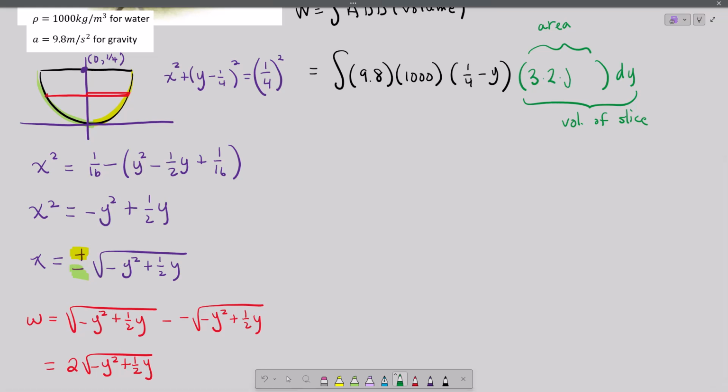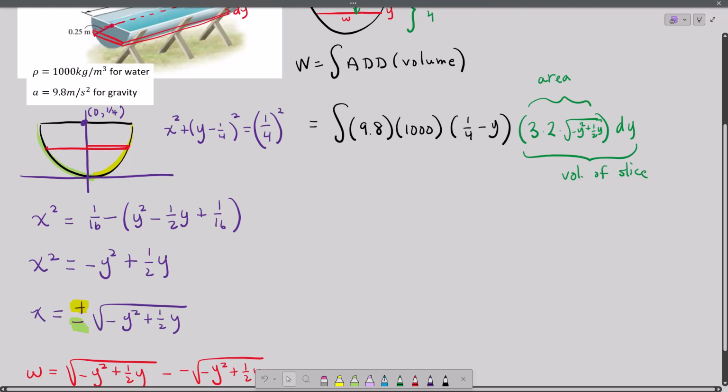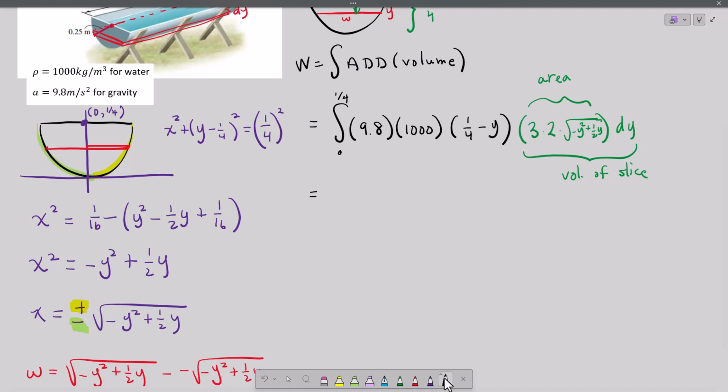So 2 square root negative y squared plus half y. And we're going right out the top, so it's 0 to 1/4. So let's see.